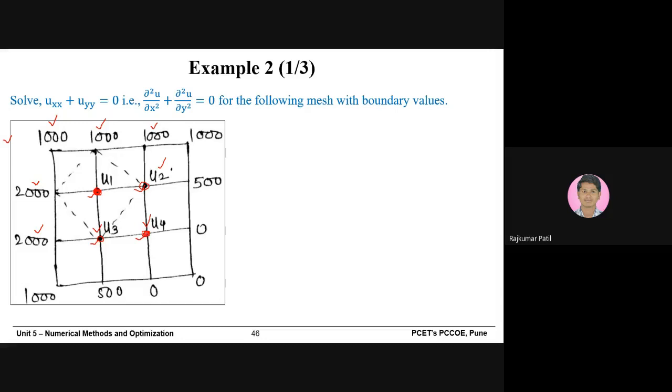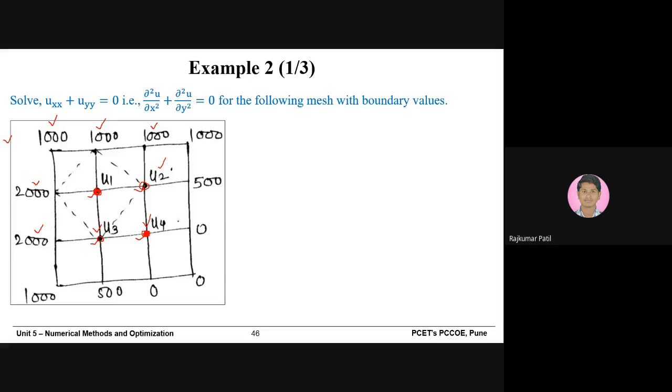So it seems that even with the diagonal 5-point formula, you cannot find out the initial values. This is a bit tricky question, because in the previous case there was an option that initially, whenever possible, you could use the standard 5-point formula and the diagonal 5-point formula to calculate the initial values of u1, u2, u3, u4, and then for all next iterations you used the standard 5-point formula.